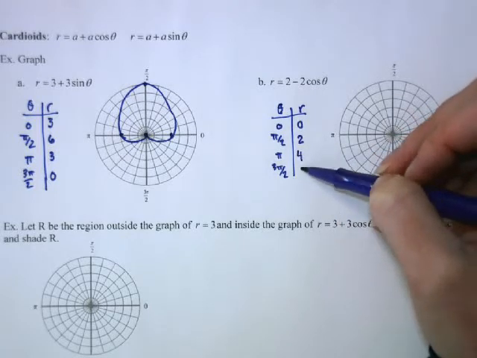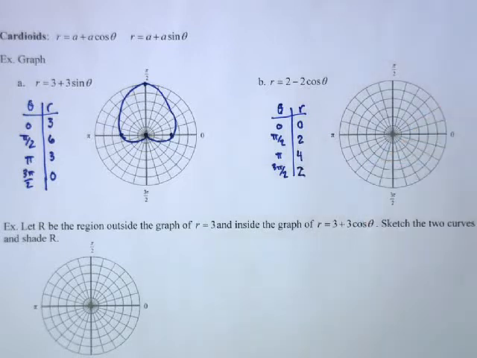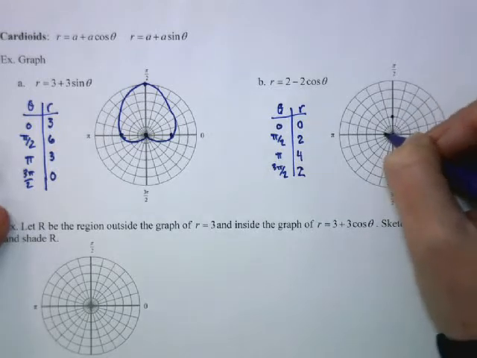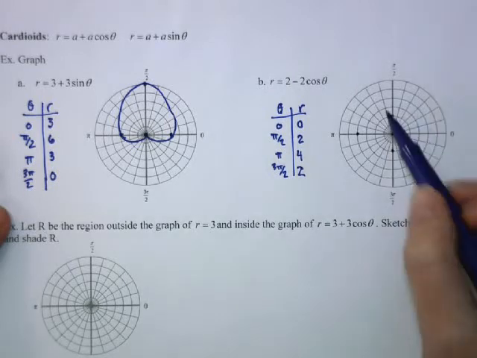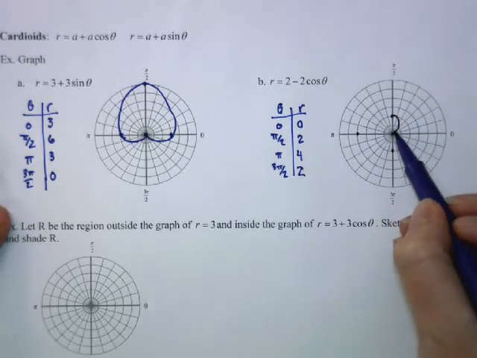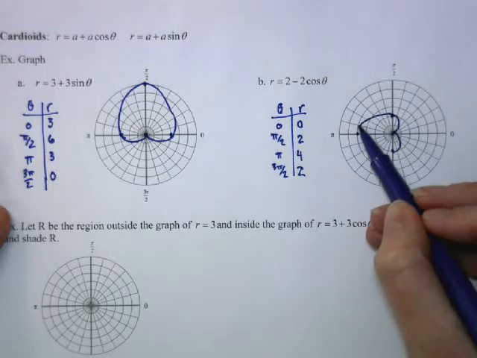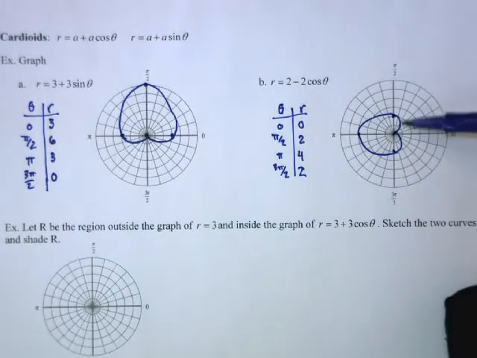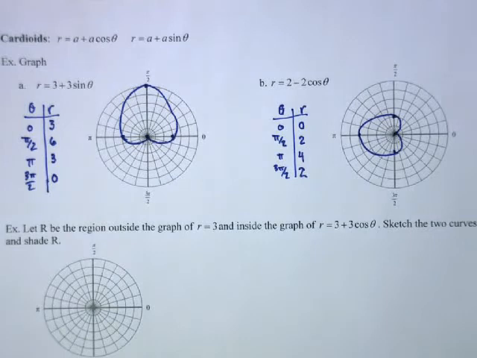Cosine of 3 pi over 2 is 0, so we get another 2 there. So 0 is at 0, pi over 2 is at 2. 1, 2, 3, 4, and 2. Get that part, and loop it around. Okay, so it doesn't have to be super accurate, but what I'm looking for are the 4 main points and then the general shape.